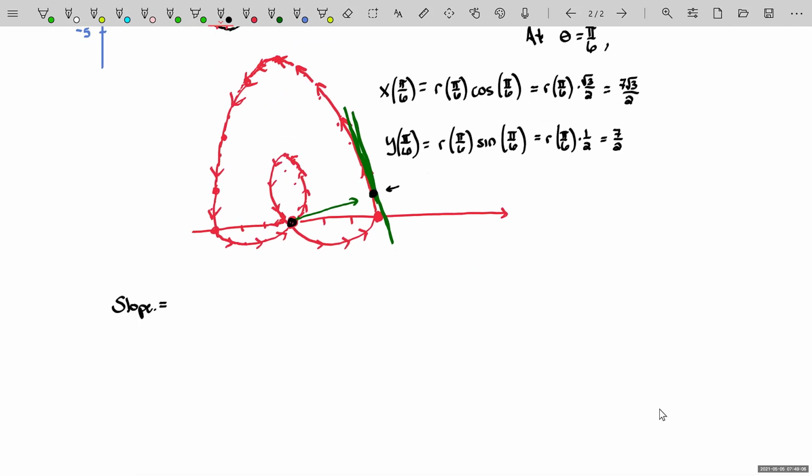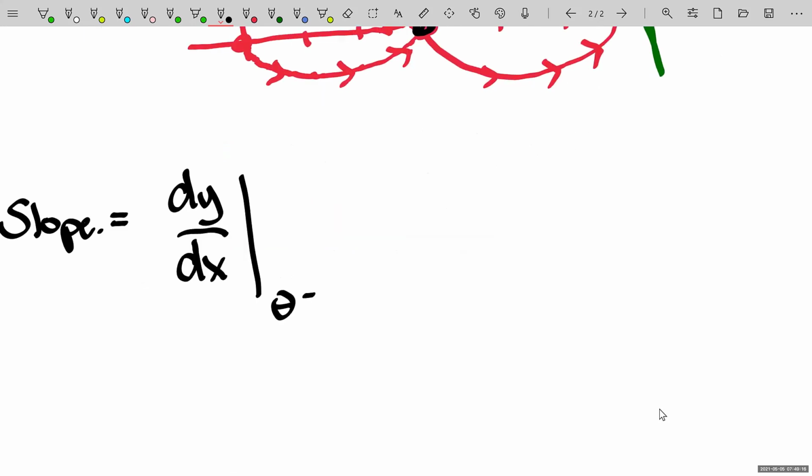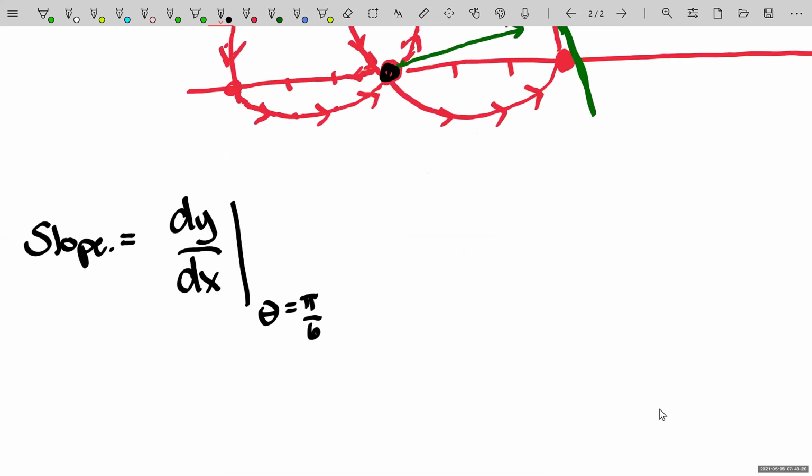Well, the slope is equal to the derivative of y with respect to x, but we're going to evaluate this at theta equals pi over 6. That notation there with the pipe means you're going to evaluate that at that specific value.